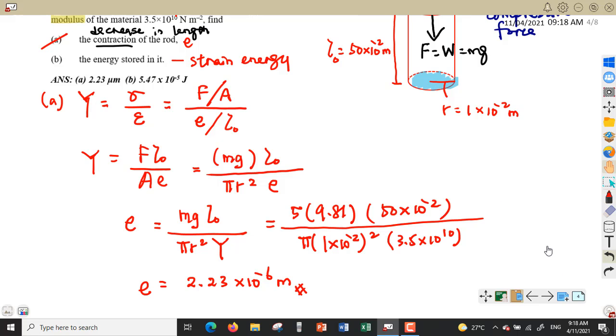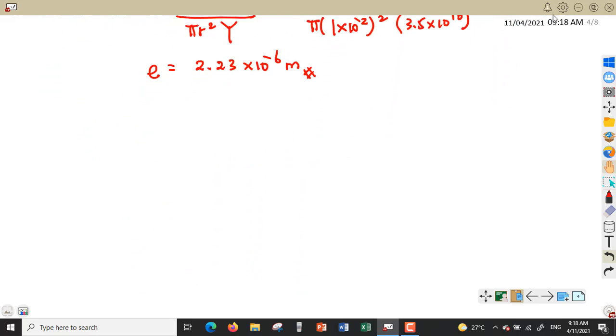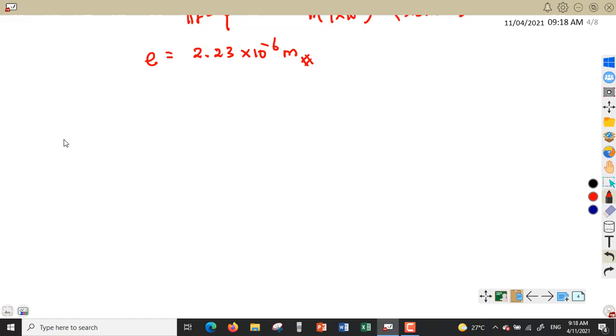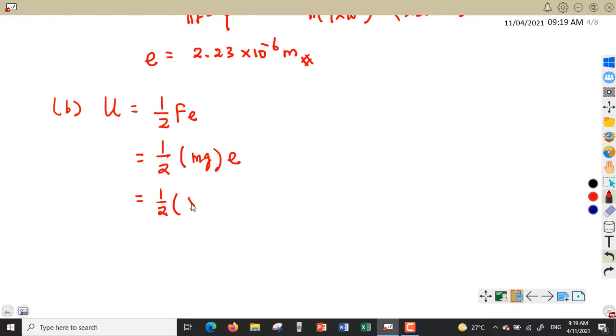So how do we find strain energy? Take out the equation for strain energy. Strain energy is half F e. The force, the compressive force here, is the weight mg. Then we already have the contraction of the rod. So we put in the values. Mass is 5, g is 9.81.